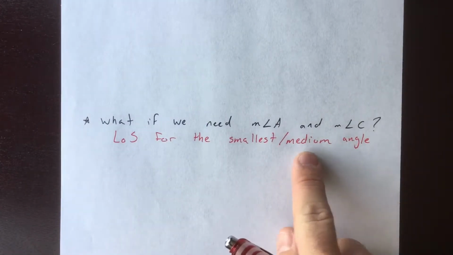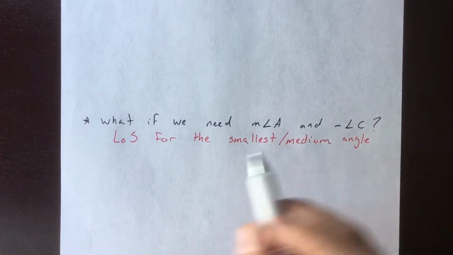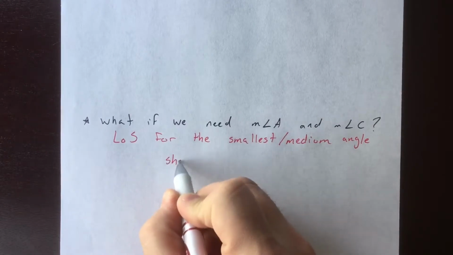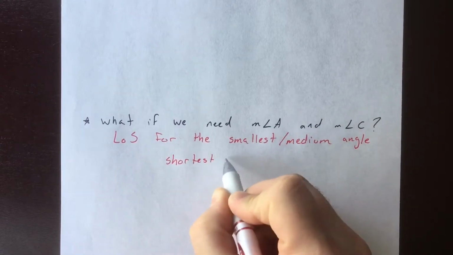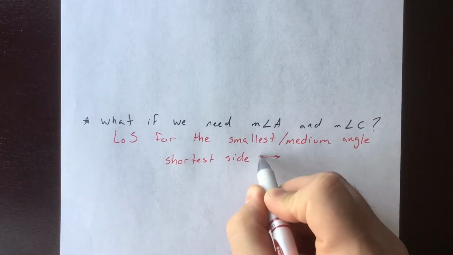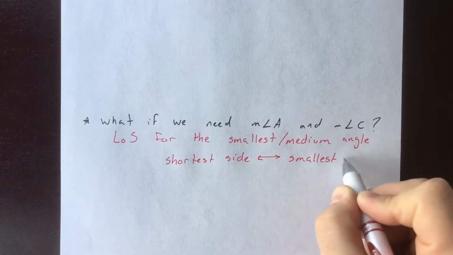I say medium angle measure because we might already have the smallest. So how do we know what the smallest angle measure, the medium angle measure is? Well, the shortest side, because by this point we'll know all three, the shortest side will be opposite of the smallest angle.